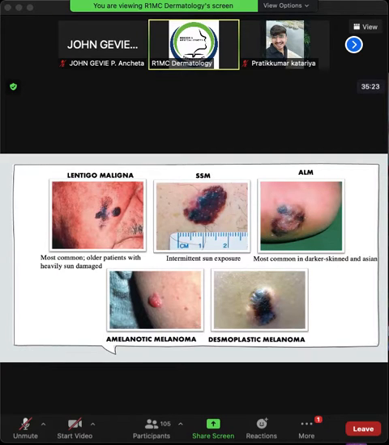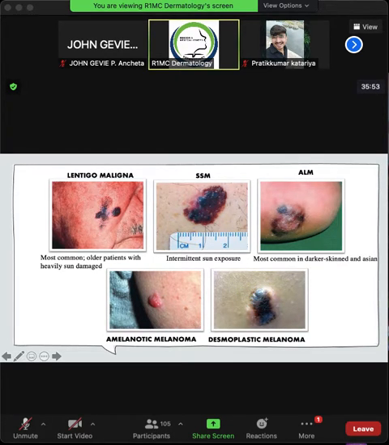Another type is your acral lentiginous melanoma, which is actually the most common type of melanoma in dark-skinned and Asian populations. Other types include your amelanotic melanoma, which can also be mistaken for your intradermal melanocytic nevi because of the morphology of the condition.